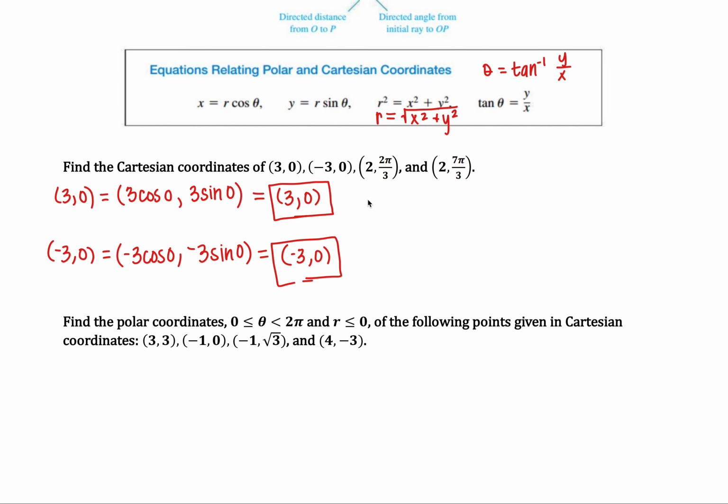So for the first one, we have 2 and then 2 pi over 3. So again, using these equations, we have for the x-coordinate 2 cosine of 2 pi over 3. And then the y-coordinate is 2 sine of 2 pi over 3.